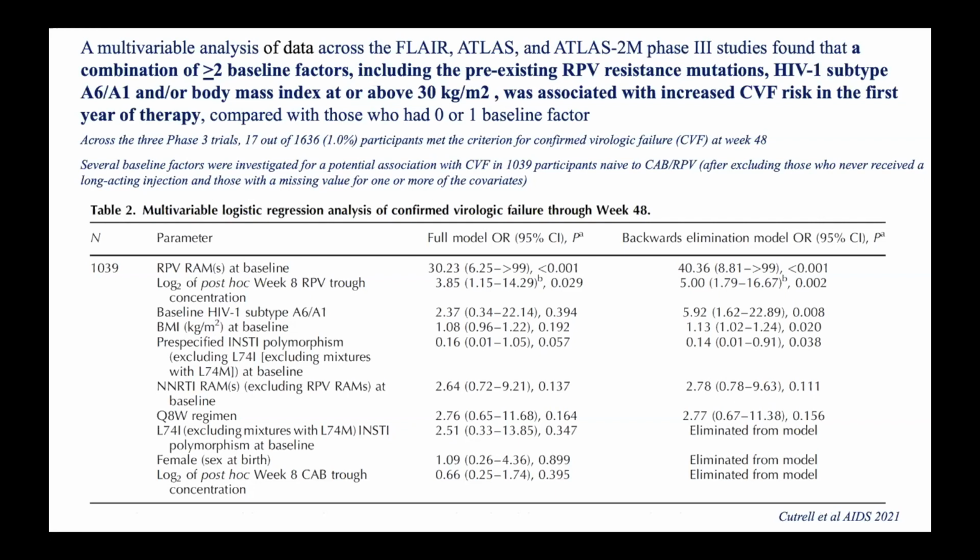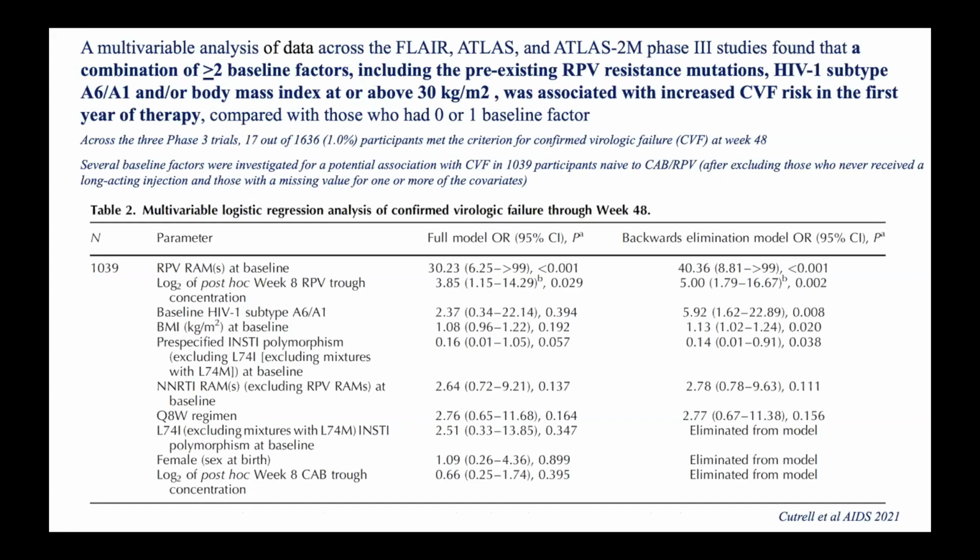And so in this analysis, they analyzed all 1,039 participants that were naive to cabotegravir and rilpivirine, and they analyzed the only 13 virological failures that have been presented here, and they tried to understand which were the baseline factors that have been associated.